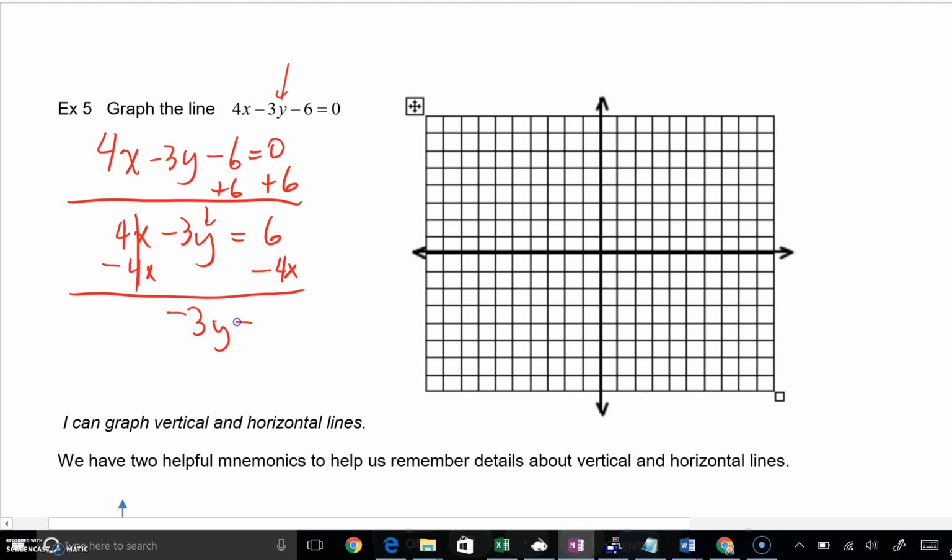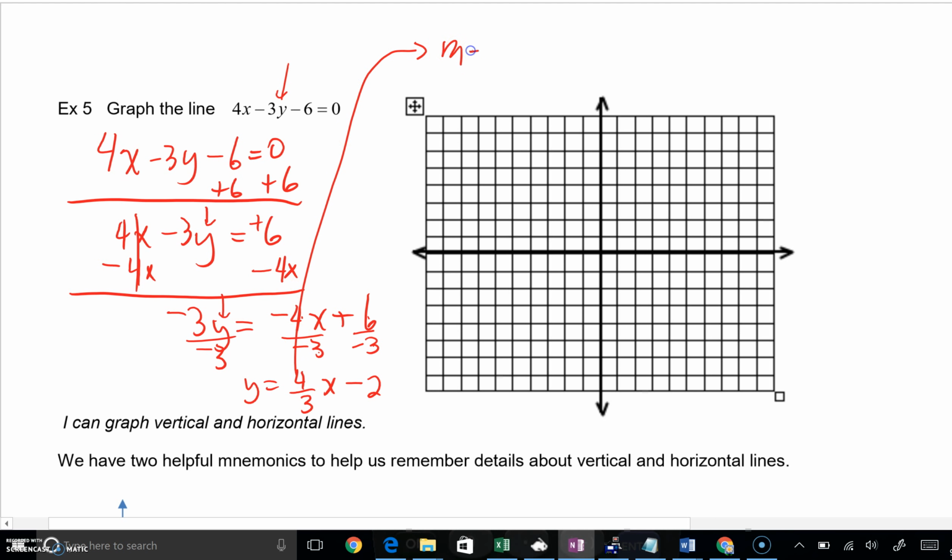And we'll have negative 3y equals negative 4x plus a 6. We can then divide by negative 3, because again, we're trying to get our y alone. Negative 4 divided by negative 3 is simply 4/3. The negatives cancel. 6 divided by negative 3 is negative 2.